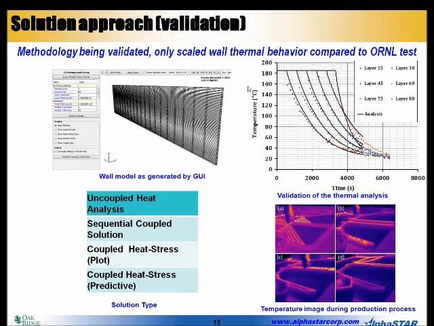And we have run our thermal analysis to see if we can get the same behavior as was recorded during the testing. On your top right, you can see the comparison between what was measured during the testing and the results from our thermal analysis. The image that you can see on the top left is actually the GUI that generates this model using the G-code.